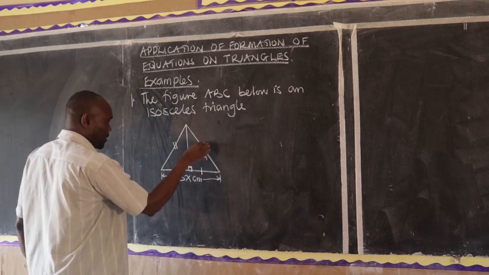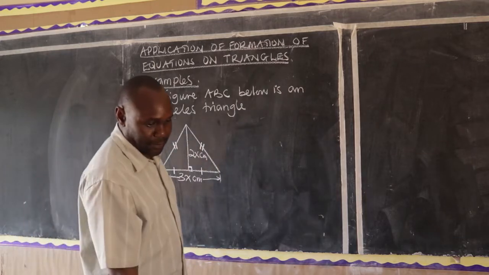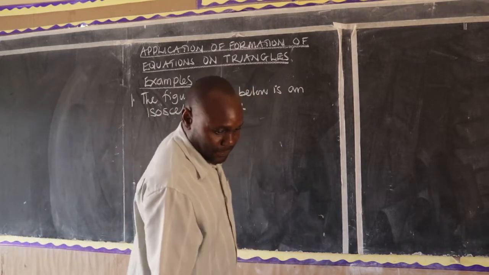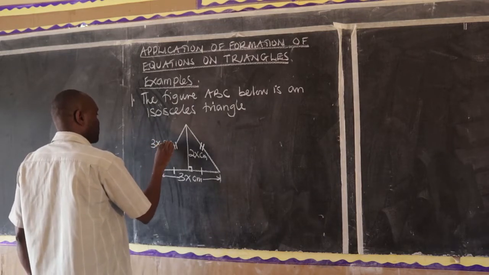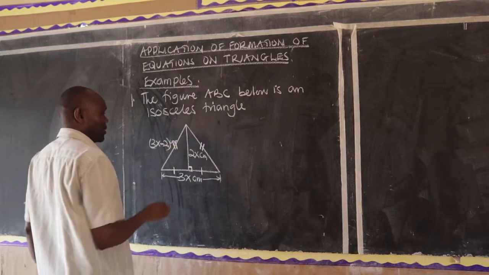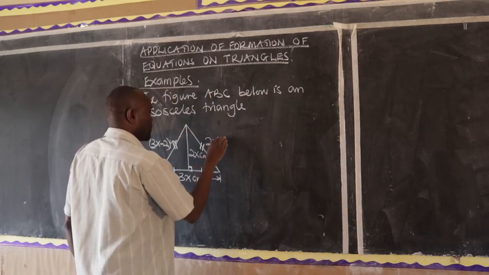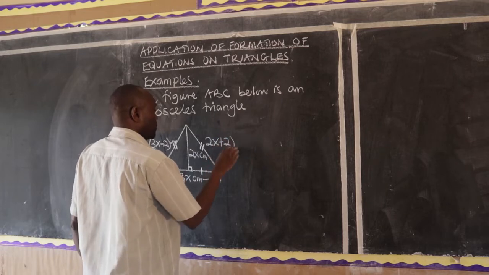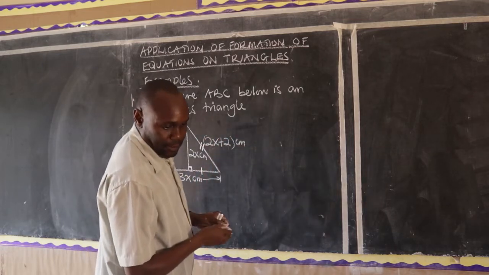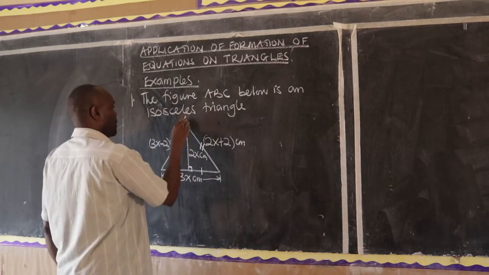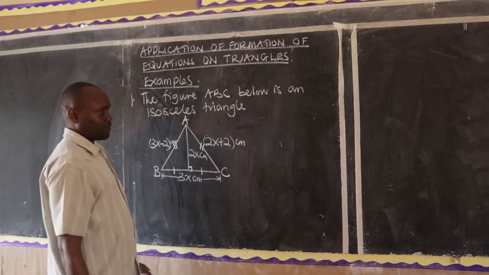Make sure you don't forget these two sides, they are the ones which can help us find the unknown. 3x minus 2 centimeters, then 2x plus 2 centimeters, then we have A, B, C.